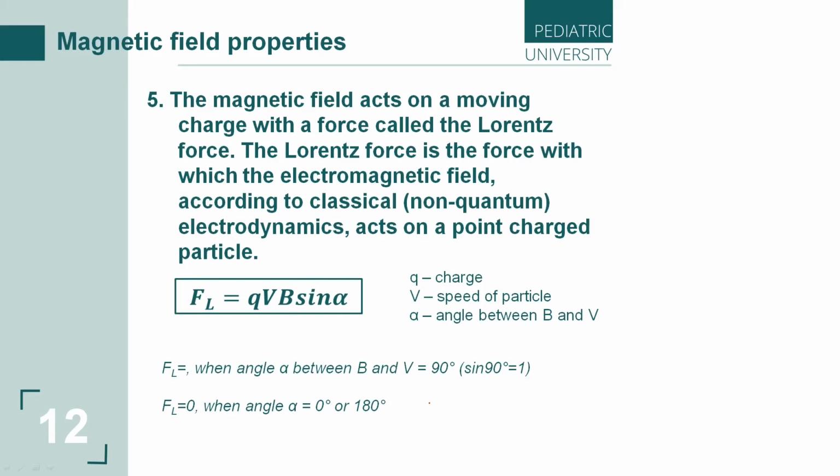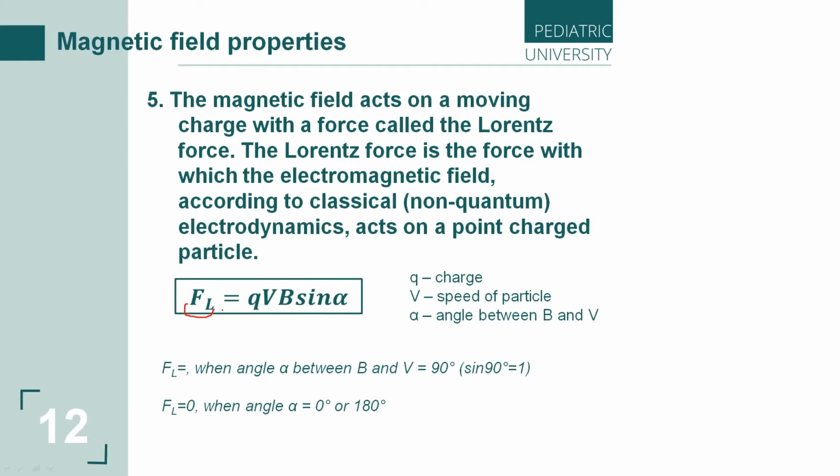A magnetic field acts on a moving charge with a force called the Lorentz force. The Lorentz force is the force with which the electromagnetic field, according to classical non-quantum electrodynamics, acts on point charged particles. Let's see the formula. For the Lorentz force, we put the letters F, L.